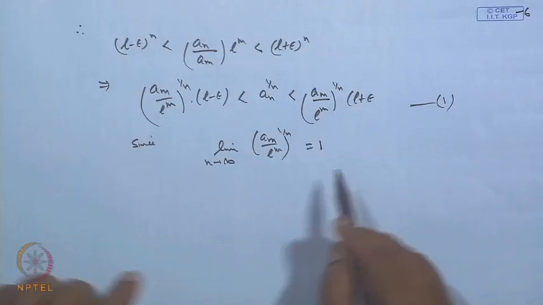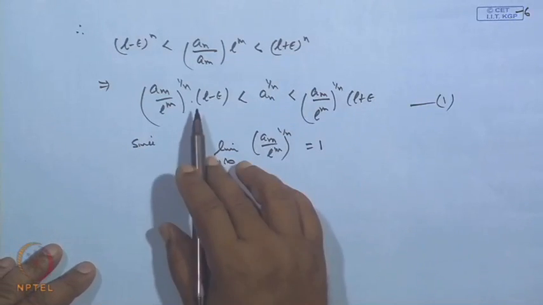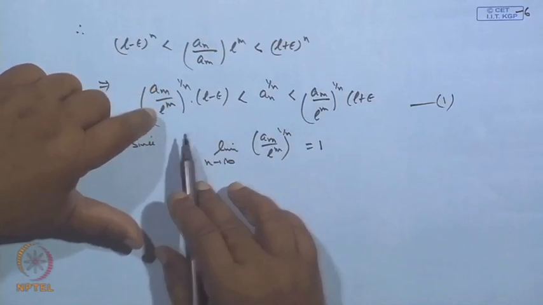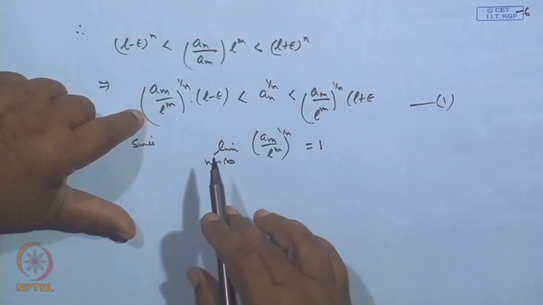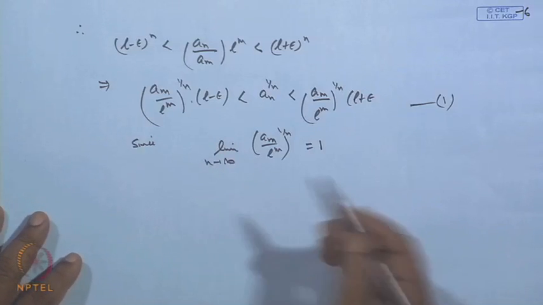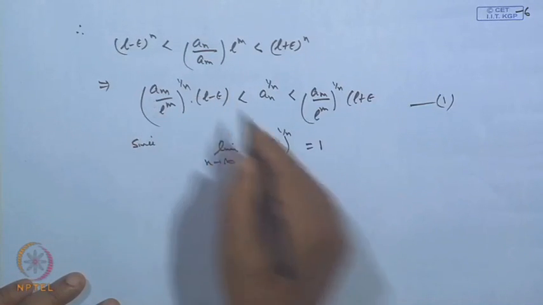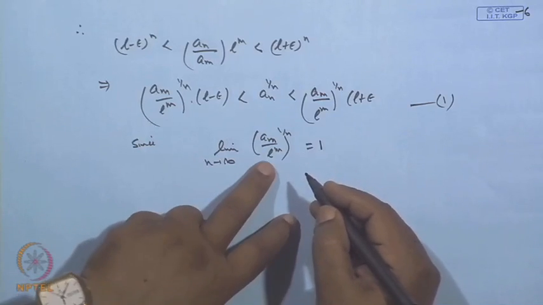So we can say that this limit is 1. Therefore, this entire thing lies between here.